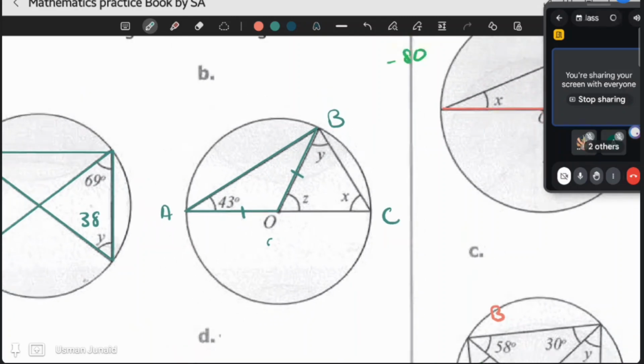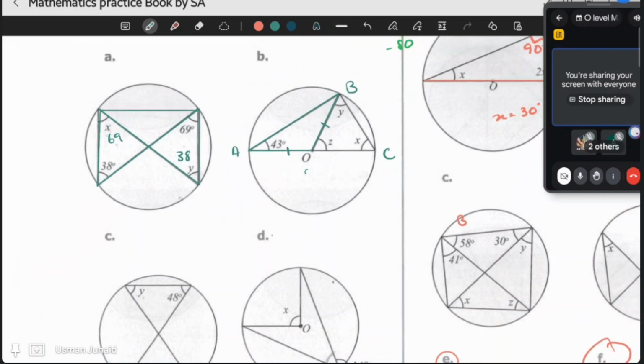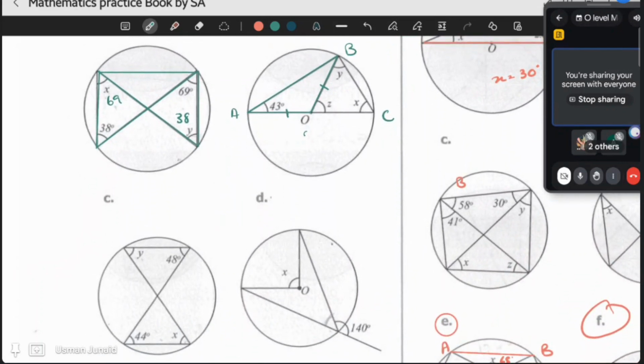There's a few steps to this question. I've given you the first few steps. For C, what is X? What is Y? Sir, X is 48 and Y is 44.